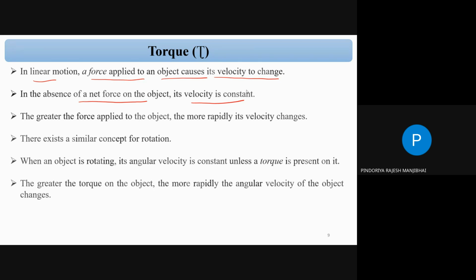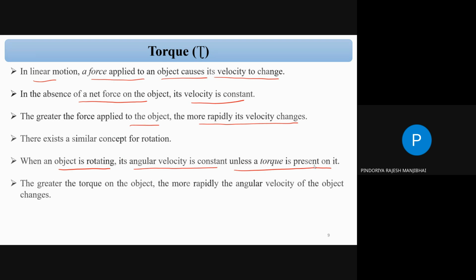The greater the force applied to the object, the more rapidly the velocity changes. Suppose you apply more force, you will get more velocity change. When an object is rotating, its angular velocity is constant unless a torque is present on it.